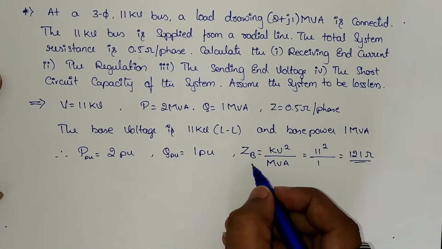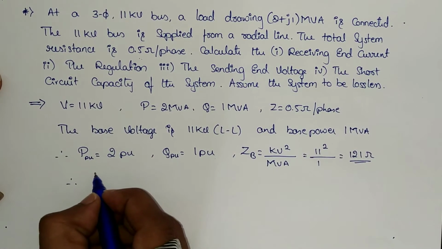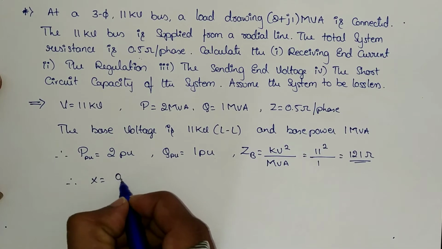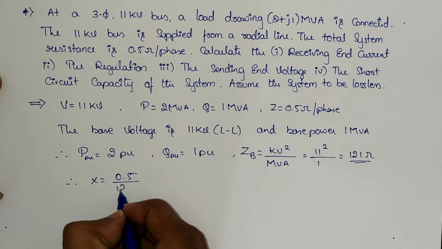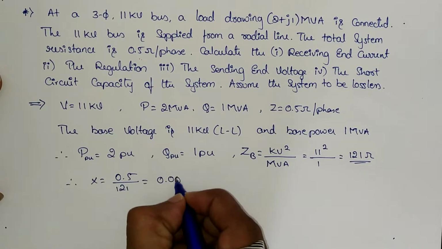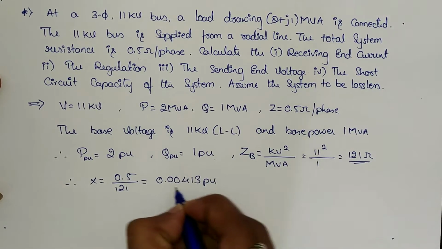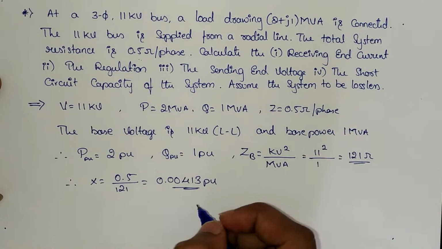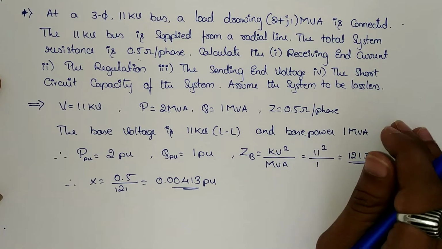The Z base is 121 ohm. Therefore, we got X is equal to 0.5 divided by 121, which leads to 0.00413 per unit. The value of X is 0.00413 per unit.